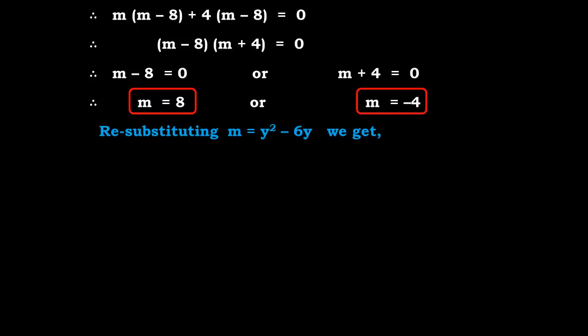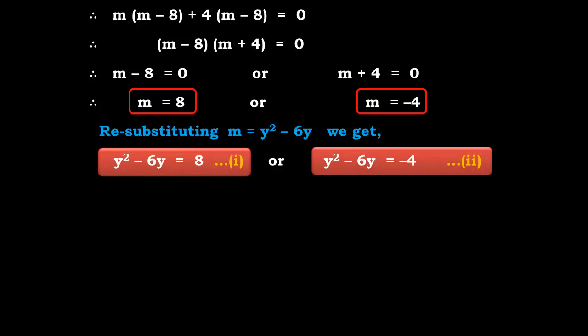Now resubstituting the value of m, y square minus 6y, we get y square minus 6y is equal to 8, equation number 1, or y square minus 6y is equal to minus 4, equation number 2. Now we have to solve these equations.